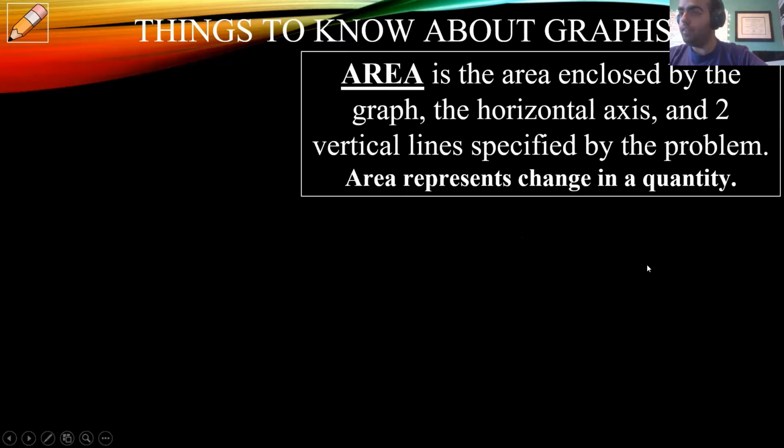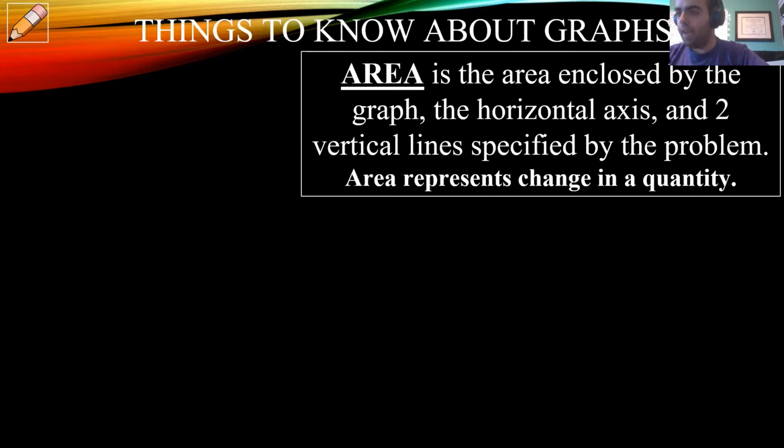The other thing that you're going to deal with in this class is finding the area of a graph. When we talk about the area, it's the area enclosed by the line for the graph, the horizontal or x-axis, and then 2 vertical lines that are specified by the problem.